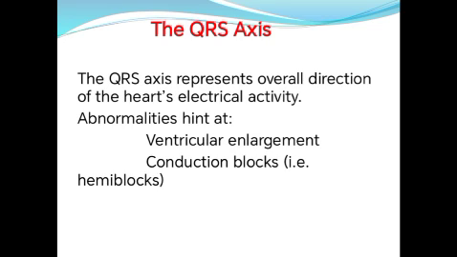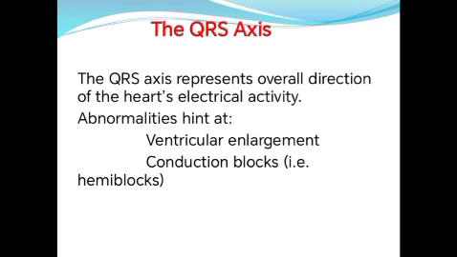Okay, now we can talk about the QRS axis and what it represents. It is the summation of the overall direction of the heart's electrical activity. Abnormal axis can occur in ventricular enlargement or conduction block such as hemiblock, which can give us axis deviation.